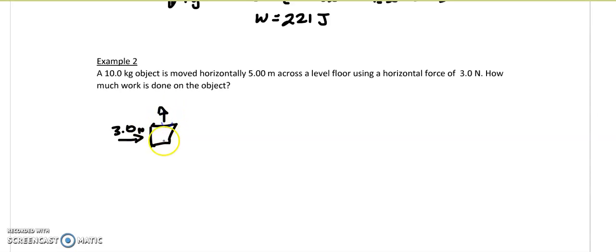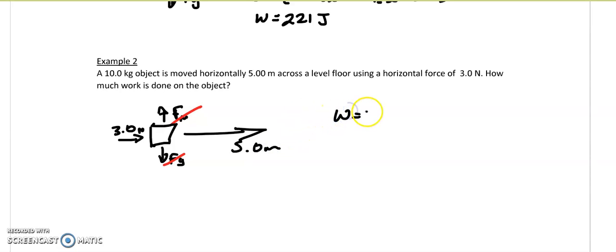Now, we've got a normal force, we've got a gravitational force, but these forces actually don't make one bit of difference to what's going on here, because they are not in the same direction as the movement. This object is moving 5 meters this way.